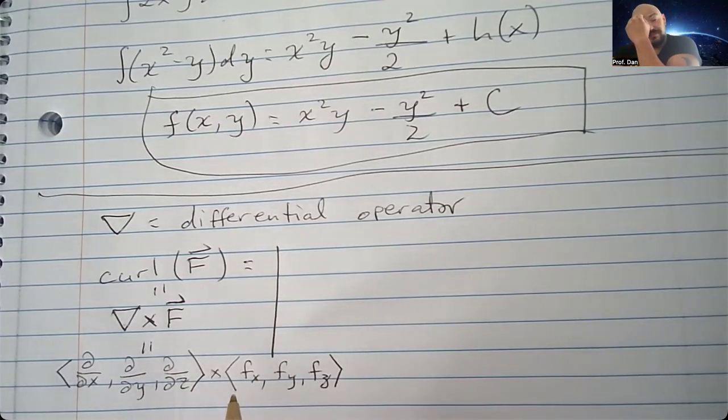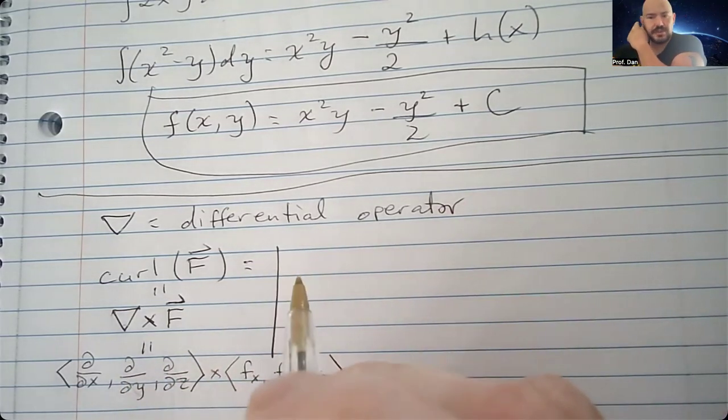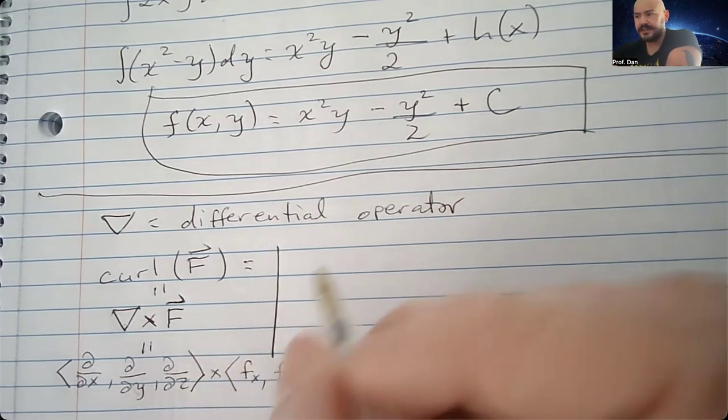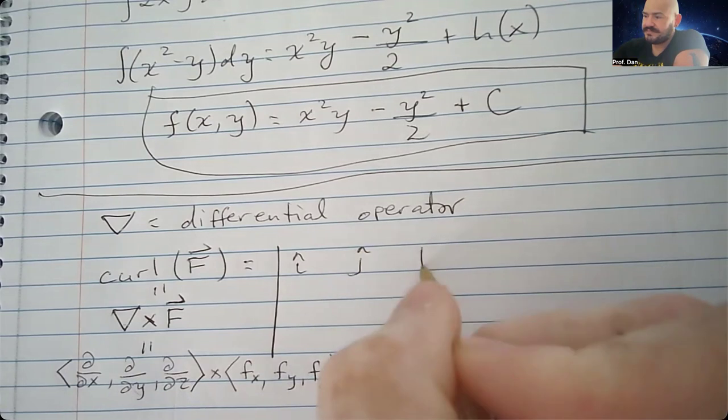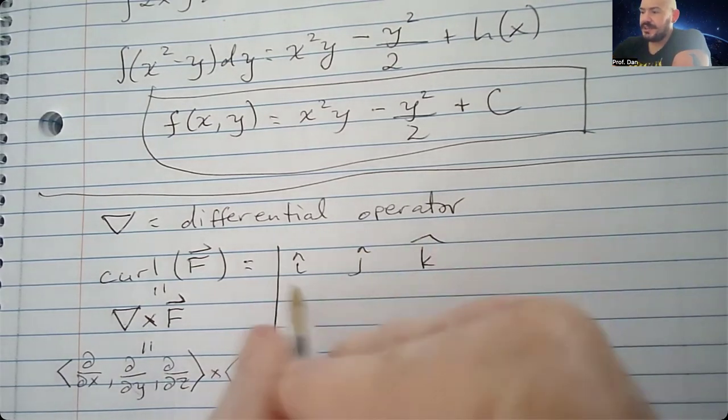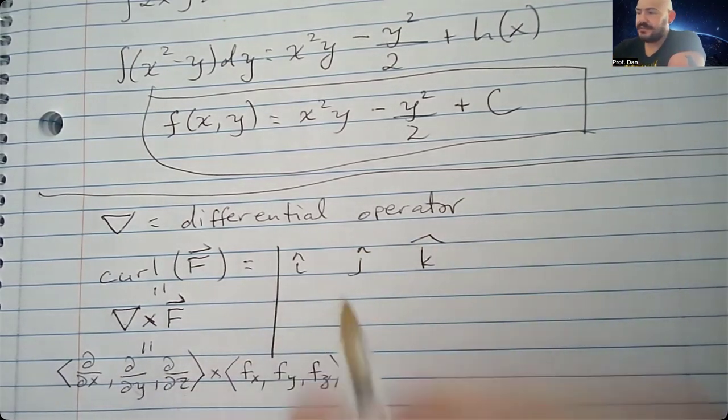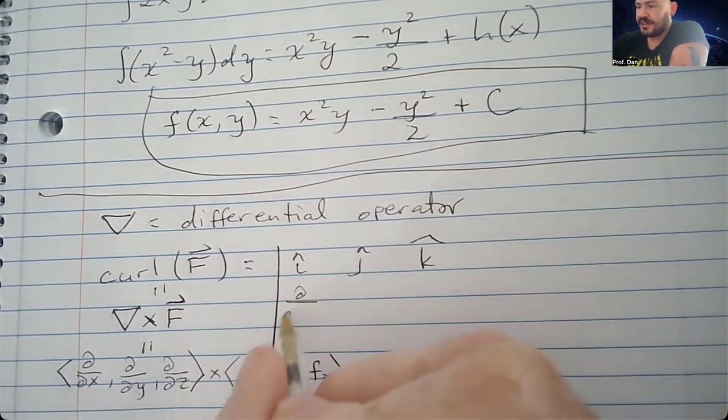All right. So if I go to write out my determinant for cross product, remember your first row is going to be the unit vectors i, j, and k. Your second row is going to be our differential operator.